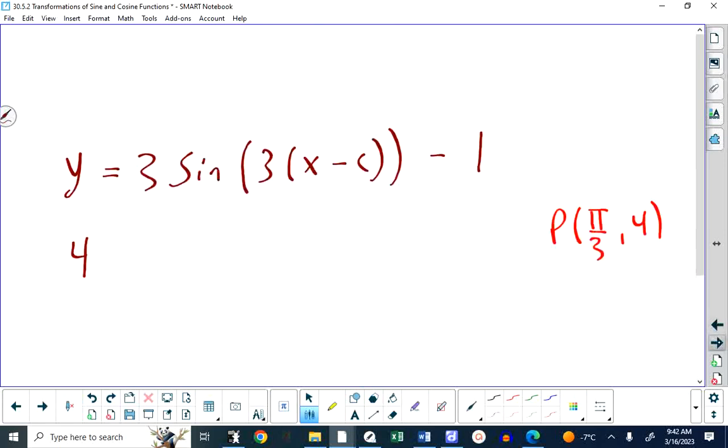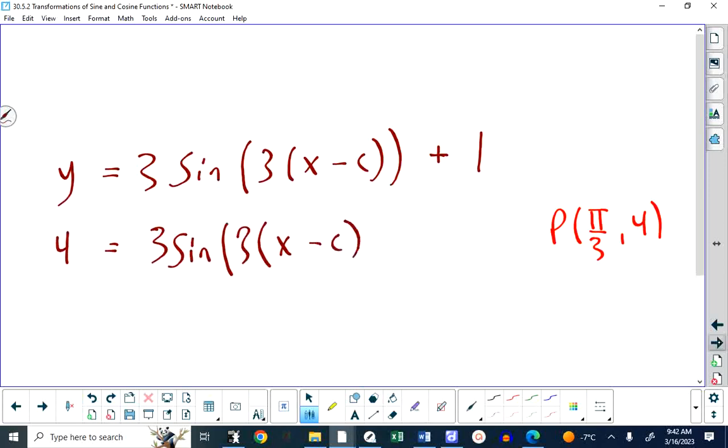So this is 1. What is always going to happen here is when you start rearranging, you are going to end up with sine equals either 1 or 0 all of the time. Look at what happens. I subtract 1 from both sides. I'm putting in 4 for y. 3 sine of 3 x minus c, and I'm putting in for x pi over 3.